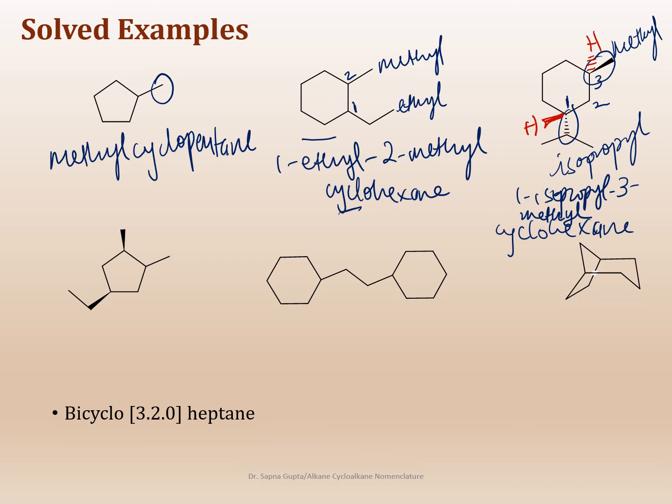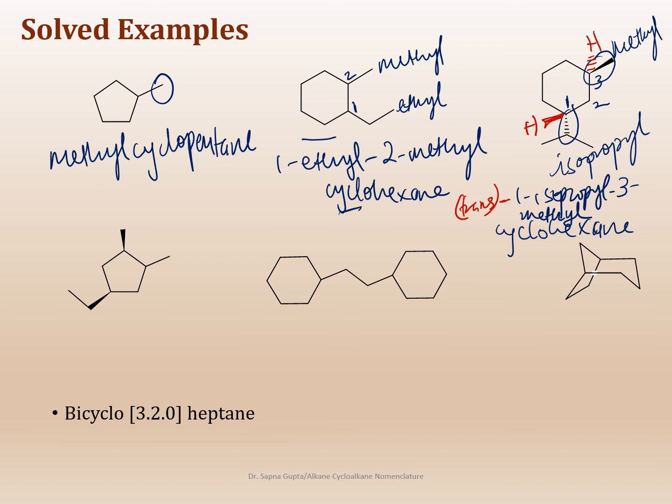I don't have to draw the hydrogens in order to know the cis and trans because I know hydrogens are there. They're just invisible. So I have to now write trans over here, and that will give me the full name for this compound. So I look for cis and trans also. Wherever possible, you give that as well.